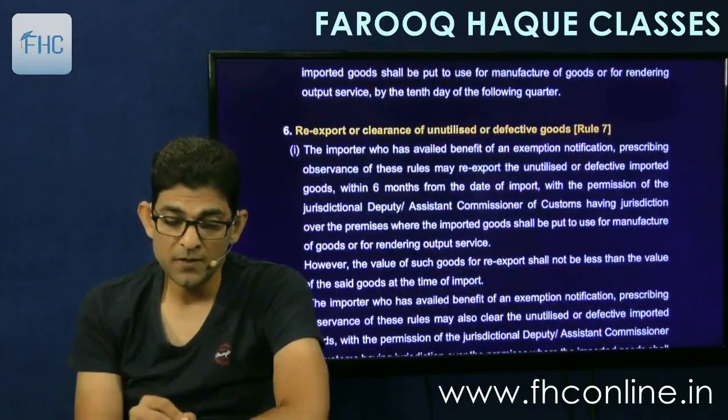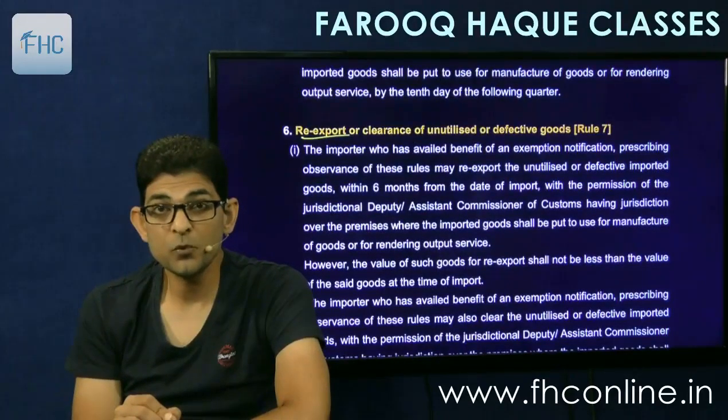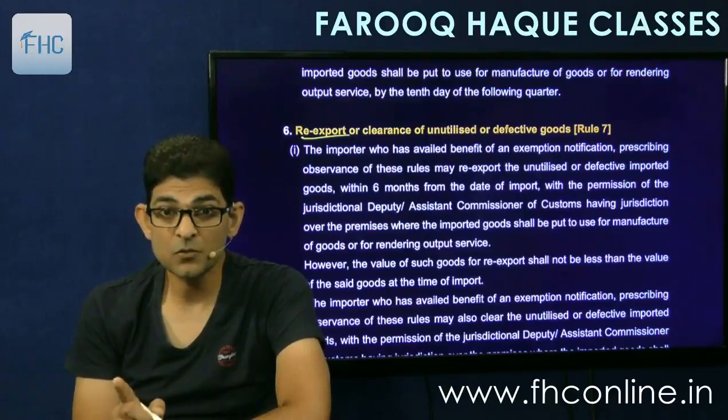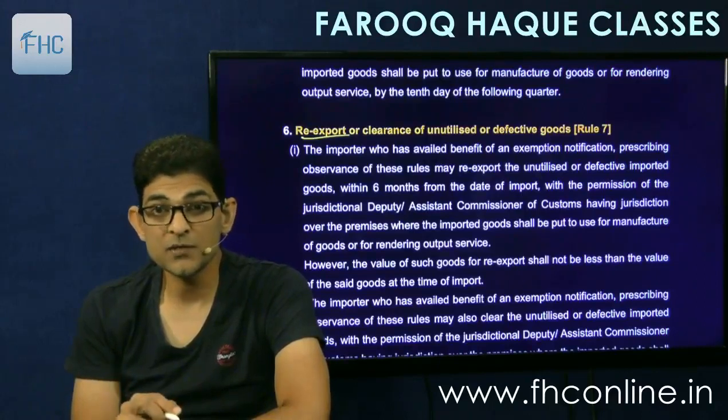And re-export can be done, as we have seen, that if the goods imported into India are not used for the defined purpose for which the exemption notification was granted, then you'll have to re-export it.